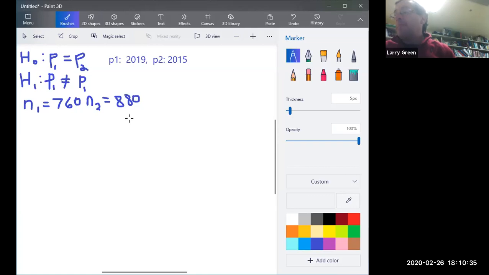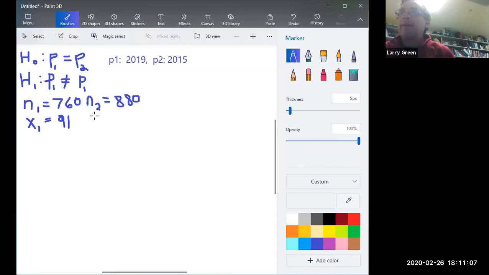All right. Now, if we want to get X1, which we're going to need for the calculator, remember that in 2019, 12% said they smoked. And if you take 12% of 760, that'll give you your X1. And that X1 is 91 is what I got when I put it in my calculator.